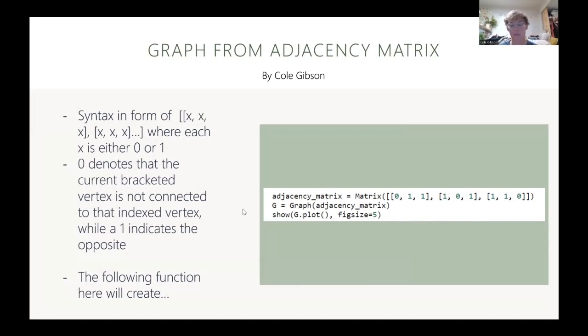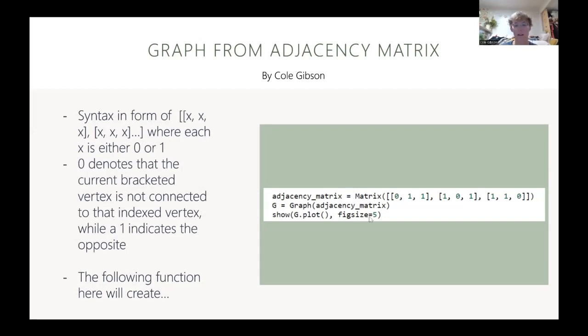That's kind of confusing, but what it means here is that vertex 0 is not going to be connected to 0, evidently, but will be connected to 1 and 2. Vertex 1 is not going to be connected to vertex 1, but is to 0 and 2, and so on.